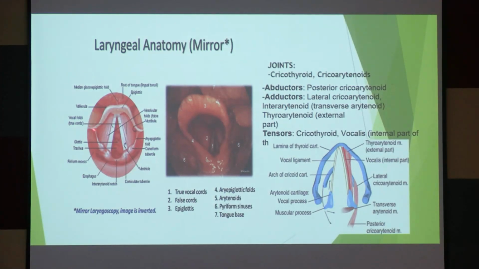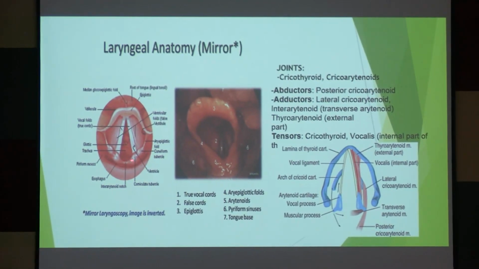Okay, with a laryngeal mirror or with endoscopy, whatever it is, this is the view we can have with our direct or indirect laryngoscopy. This is the epiglottis. This is the vocal cord, right? A white structure. Just above the vocal cord, there is a fold, the false vocal cord. These are the cartilages.